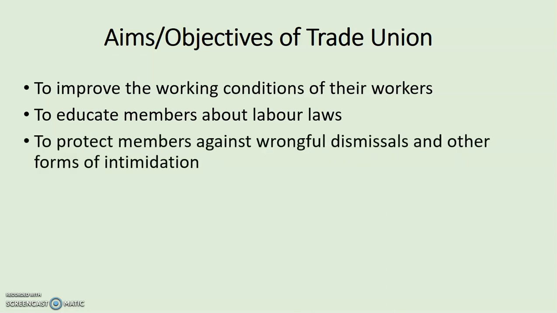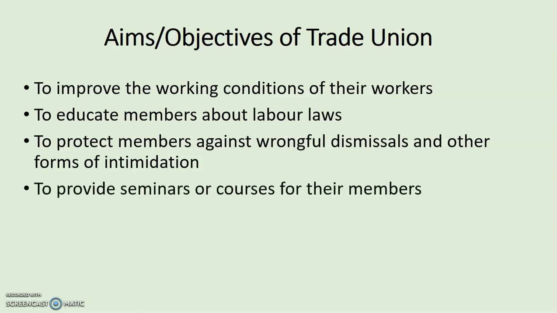Then to protect members against wrongful dismissals and other forms of intimidation which will be coming from the employers or the government. Then the other is to provide seminars or courses for their members. These seminars and courses are to help members to upgrade themselves.